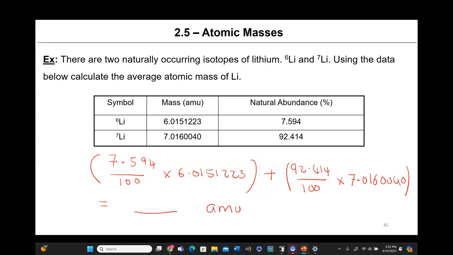So putting that into the calculator, I got 6.94 AMU. If you compare that to the value in the periodic table, you'll see that it is very close, if not the same.